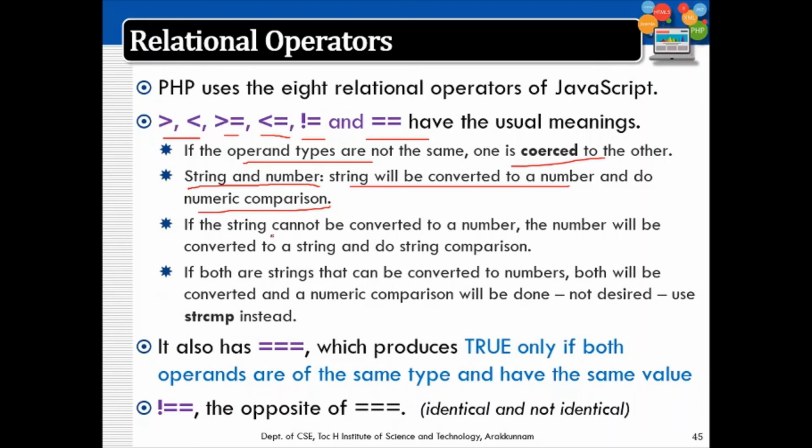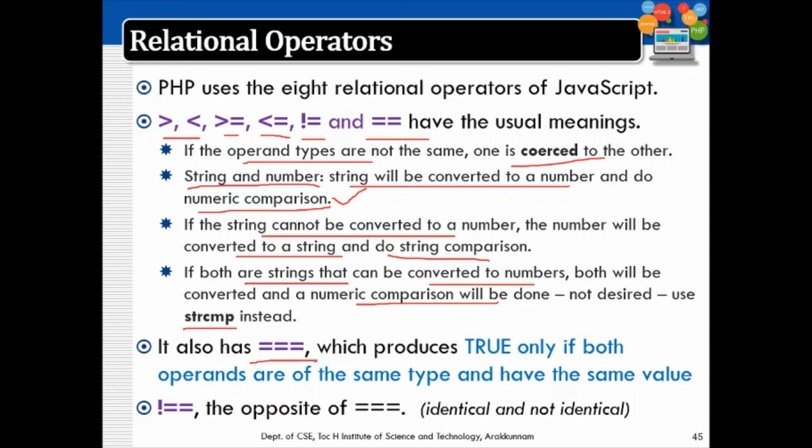If the given string cannot be converted to a number, the number will be converted to a string and we do a string comparison. If both are strings, both will be converted to numbers and numerical comparison will be done; we can use string comparison instead.